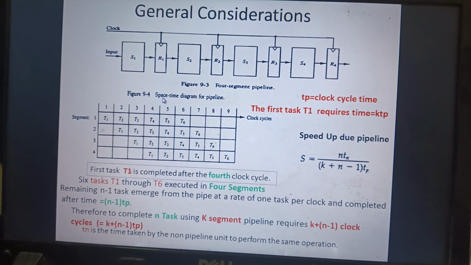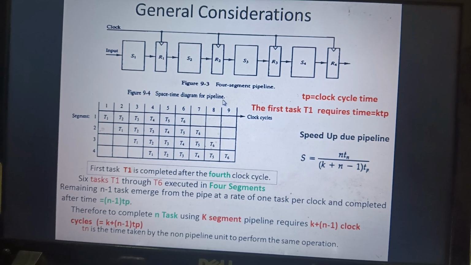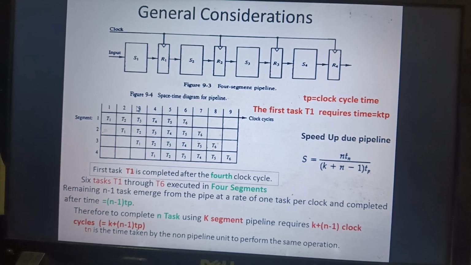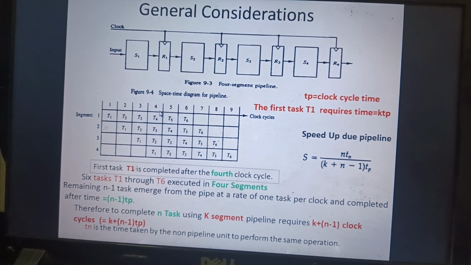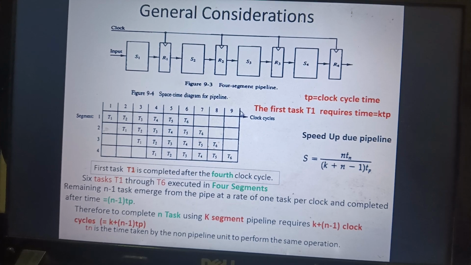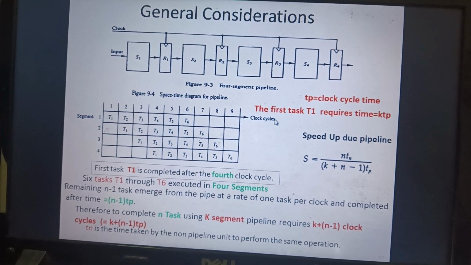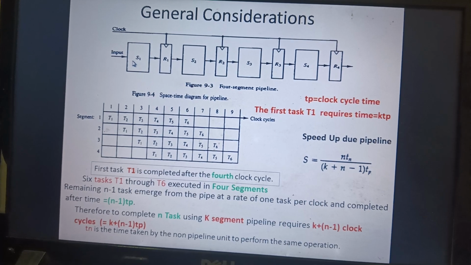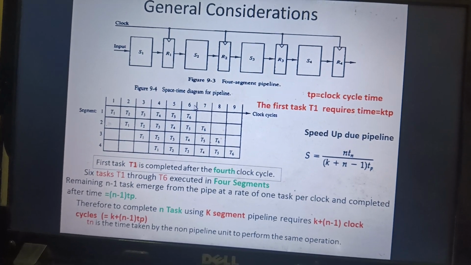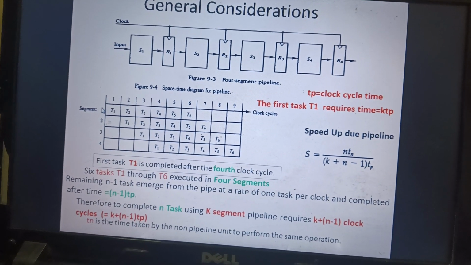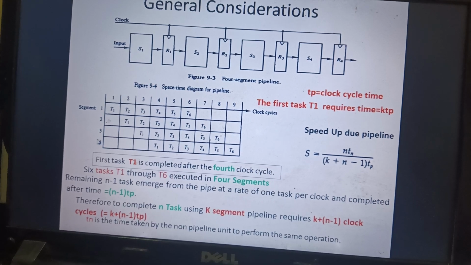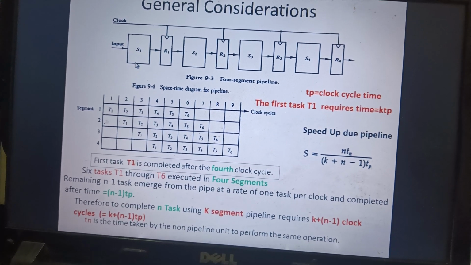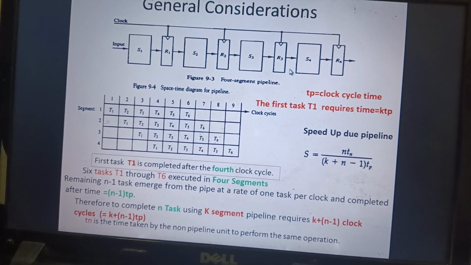This table is a space-time diagram for a pipeline. The numbers 1, 2, 3, 4, 5, 6, 7, 8, 9 are clock cycles. In the first clock cycle, what's happening we are checking, and the rest of the clock cycles also. And these are the segments: 1, 2, 3, 4.